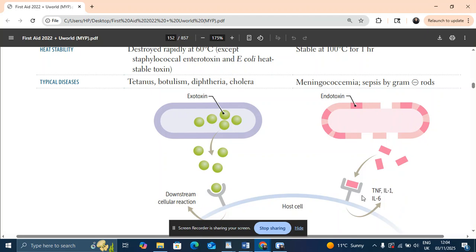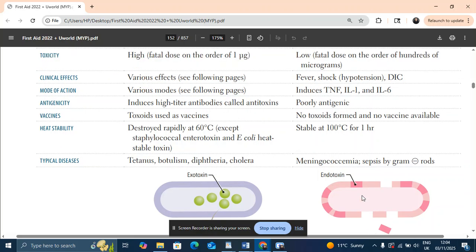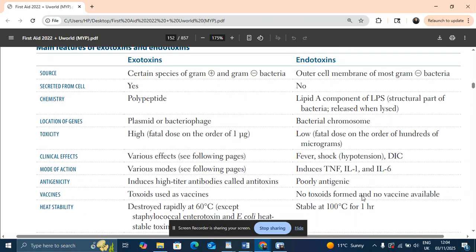Interleukin 6 is also a pro-inflammatory cytokine that causes fever and increases acute phase reactant proteins. So that's how endotoxins cause fever, shock, because of increased vascular permeability, and they cause DIC, because they induce secretion of TNF alpha, interleukin 1, and interleukin 6.